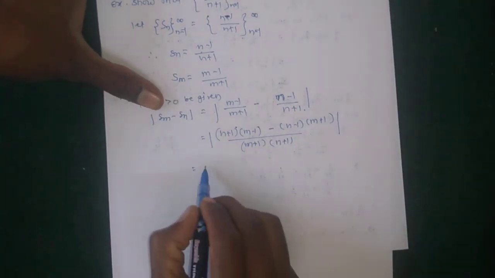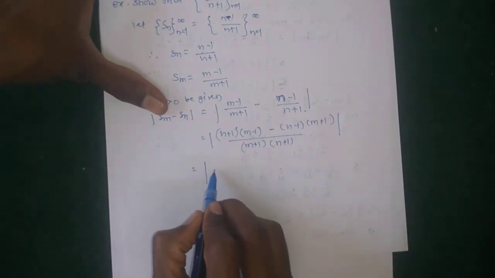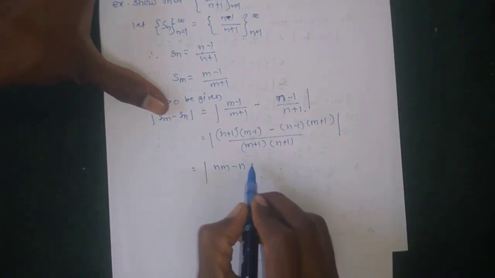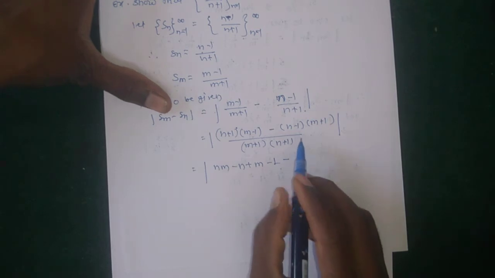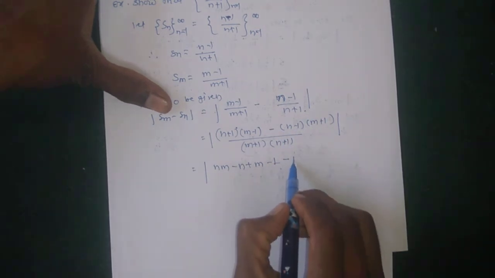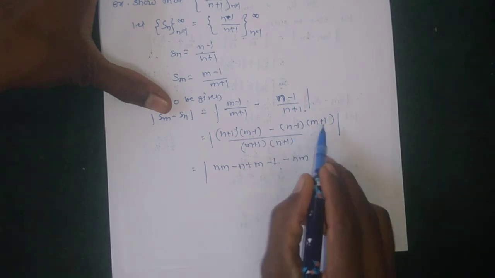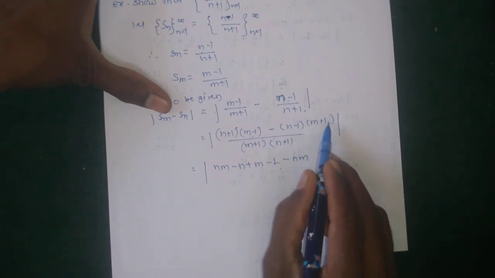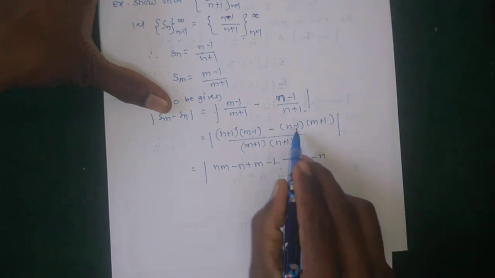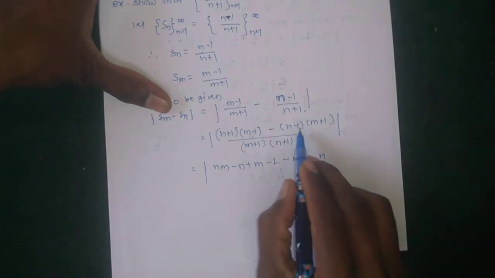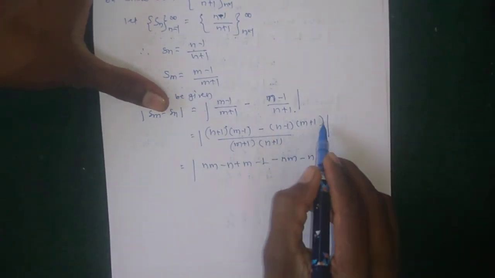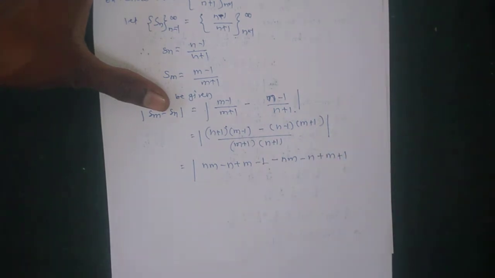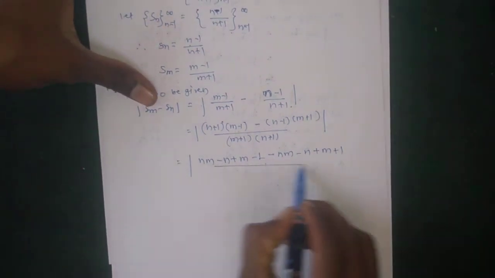Multiplying each term, we get nm - n + m - 1 - nm - n + m ... minus 1 plus 1, divided by (m + 1)(n + 1) as it is.